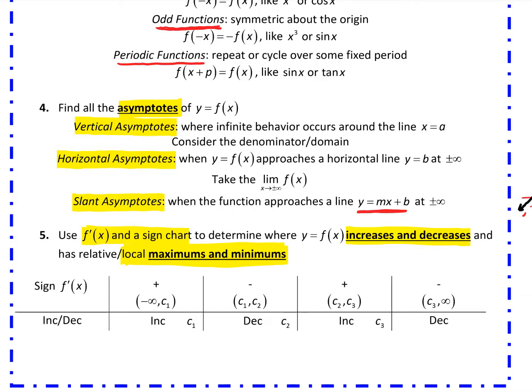I'm going to make an assumption on this generic one that my critical point was a horizontal tangent. If the function increases until it gets to a horizontal tangent and then decreases, that's going to make that a max. So we can pull a lot of information off of that sign chart. We'll create that sign chart for our functions when we're graphing them. So that's the fifth step.